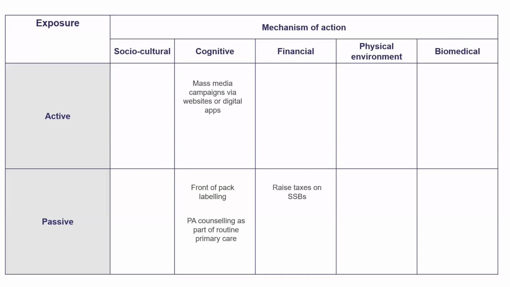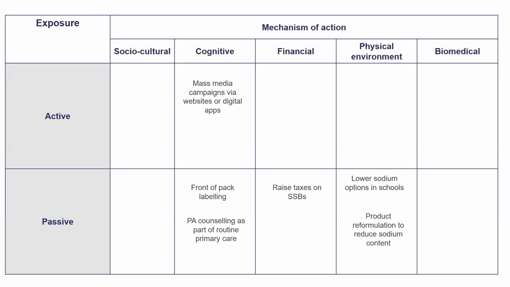The taxes on sugar-sweetened beverages operate by financial mechanisms as they change the monetary cost of, and increase the cost of, purchasing sugar-sweetened beverages. And lastly, bread reformulation and the provision of lower sodium options in schools fall in the physical environmental category because they change the properties or the placement of objects in the environment.